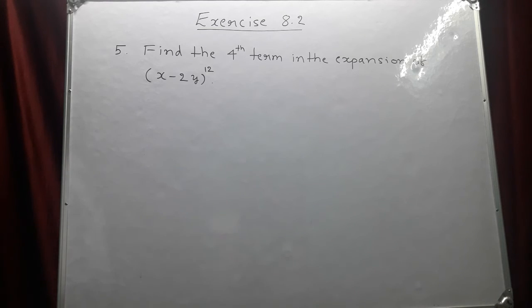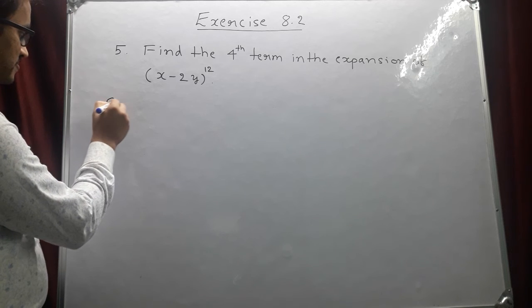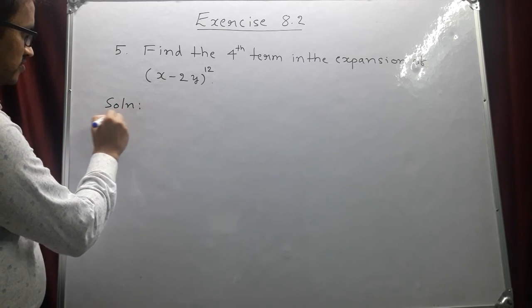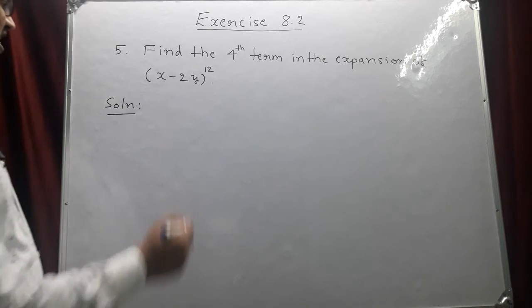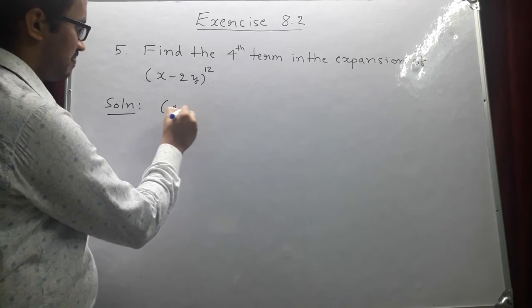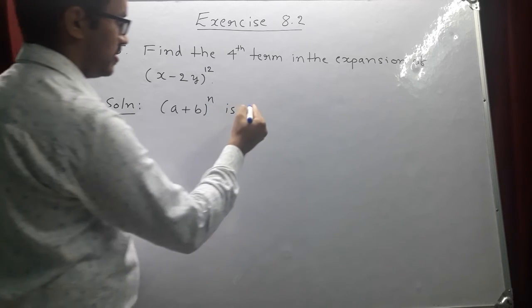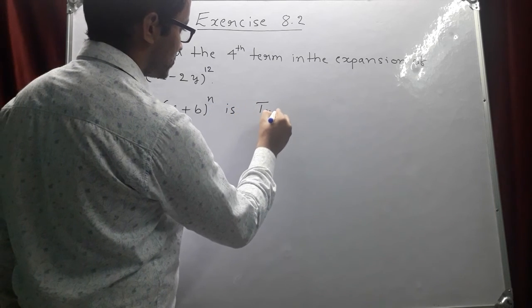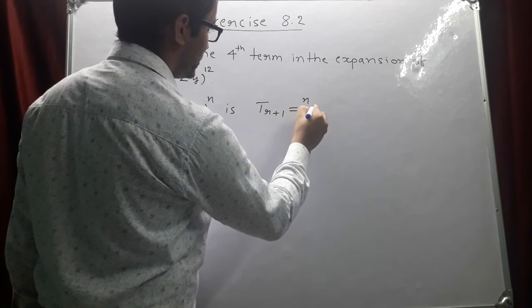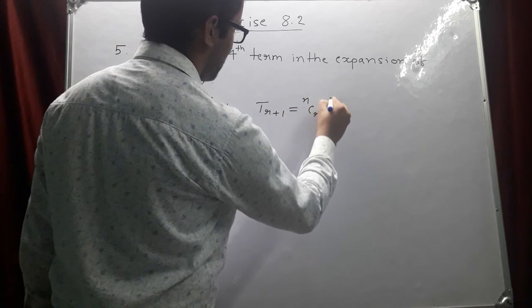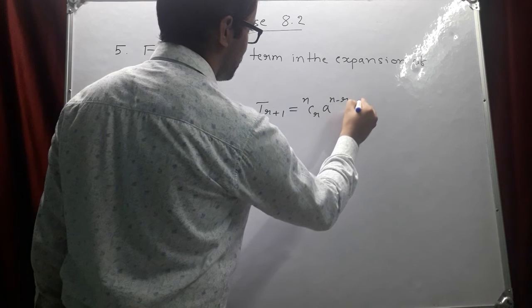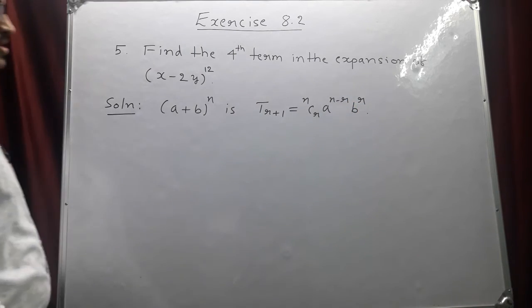Next one, find the fourth term in the expansion of (x − 2y)¹². Solution. We know the general term in the expansion of (a + b)ⁿ is T_(r+1) = nCr aⁿ⁻ʳ bʳ.